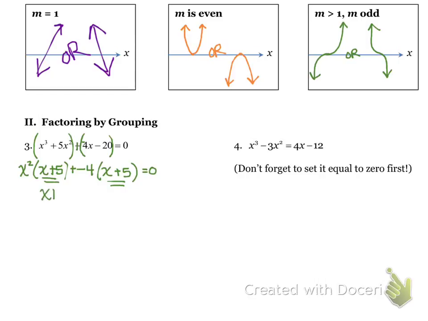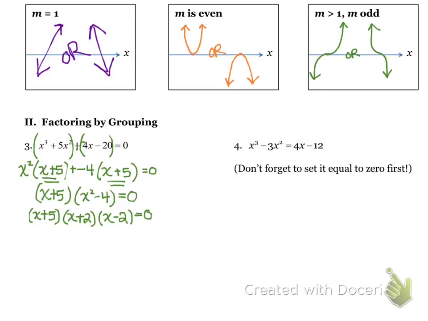So we have a factor of x plus 5, and then the GCFs together give me x squared minus 4. So it's important to know how to factor because we have to factor this again. So x squared minus 4 is the difference of two squares. So in linear factorization, we have x plus 5, x plus 2, and x minus 2.